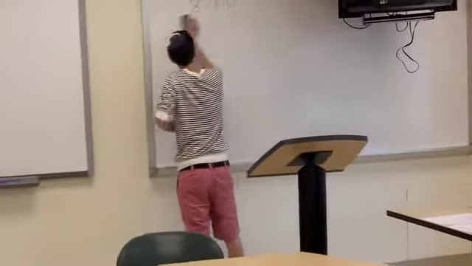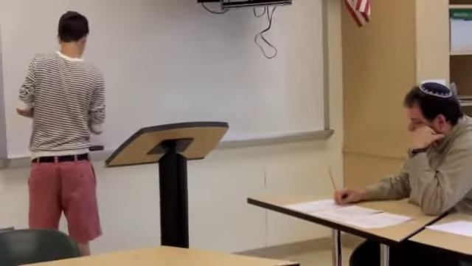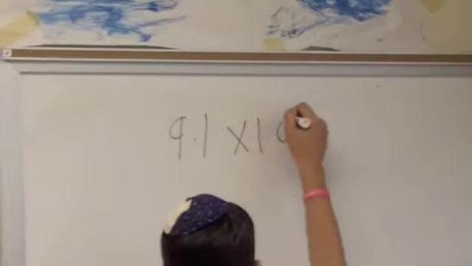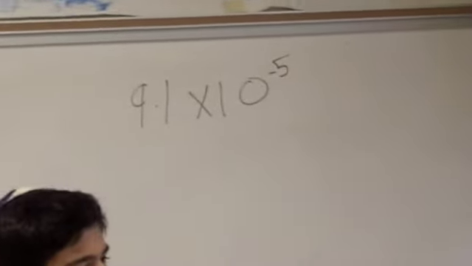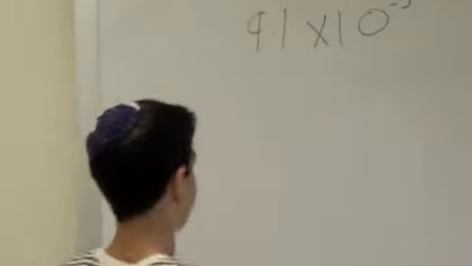Yeah. No. Okay, so let's try negative. Maybe that will knock some sense into you. Alright, so we're going to start with 9.1 times 10 to the negative 5th. You know what to do. Okay, so we're going to make this into standard form.